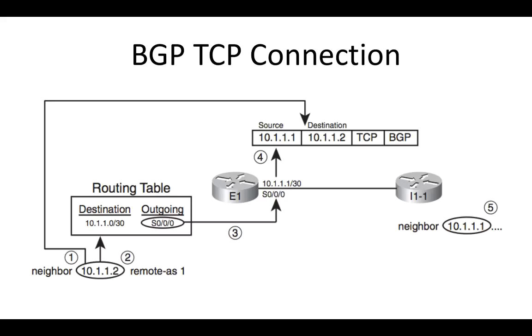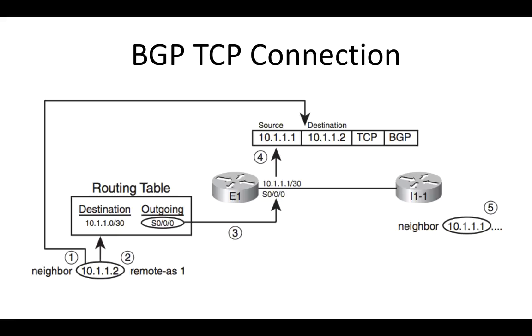So we figured out who our neighbor is. We need to create a packet with it and send it off to that neighbor. We're at our next step, number 2 here. We're going to look in our routing table for a route that matches that destination of 10.1.1.2. So looking for a route pointed to our neighbor. And then once that route is matched in step 2, we will list our serial 0/0/0 as our outgoing interface. So how do we send that traffic that way?